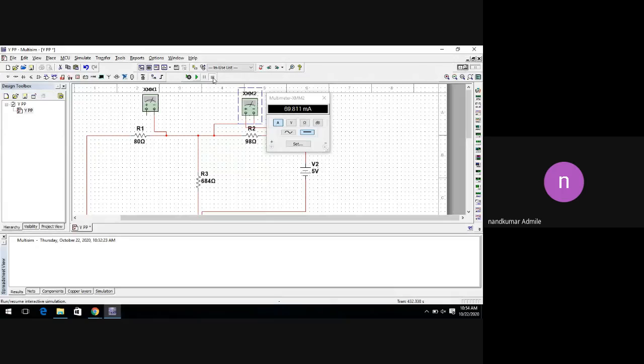Calculate the values of these four parameters, and the next practical we can see in the next session. Now you can put your attendance. Everyone note down the values of V1, V2, I1 and I2.